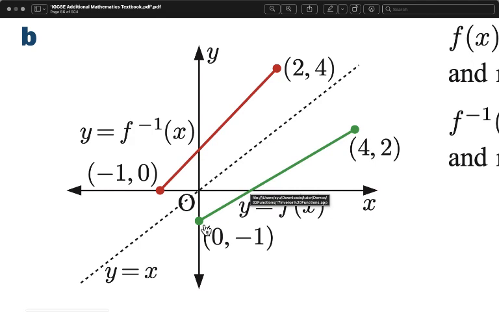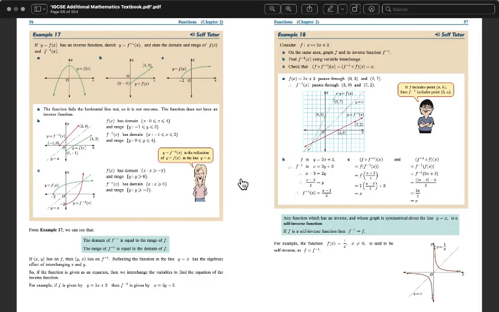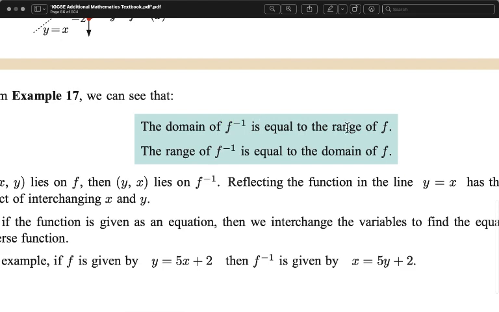The starting point of the original function is x equals 0, y equals -1. Now in the inverse function, the starting point has x equals -1 and y equals 0. So the order has just changed. From the example, you can see the domain of f minus 1 is equal to the range of f, and the range of f minus 1 is equal to the domain of f.